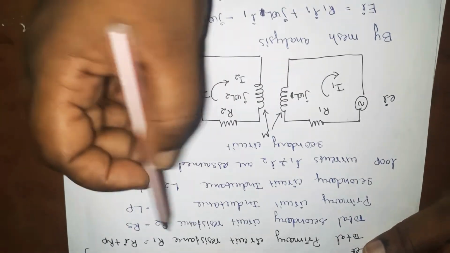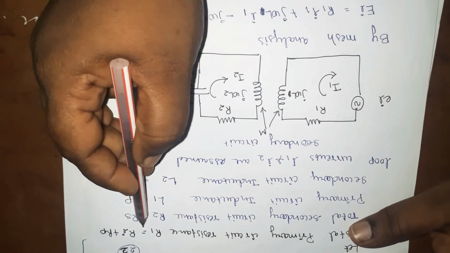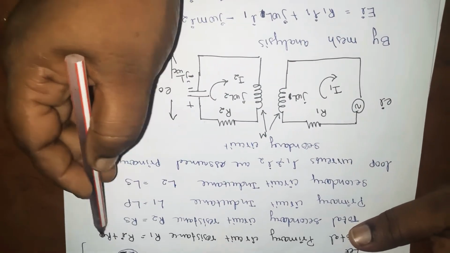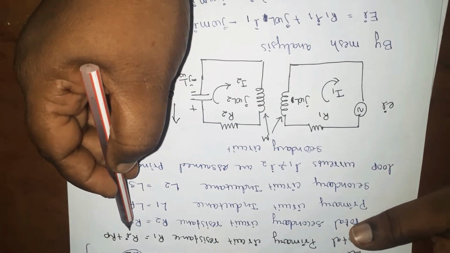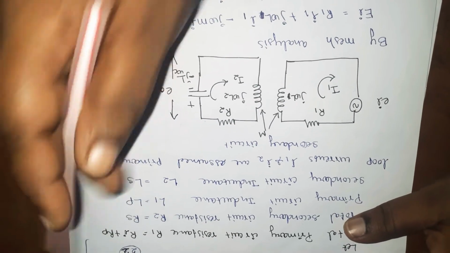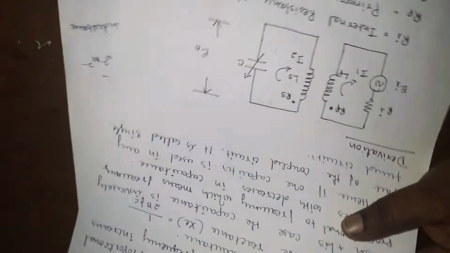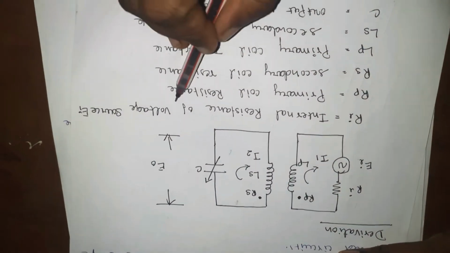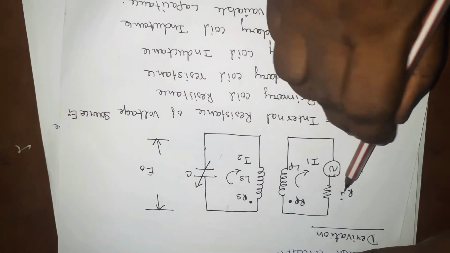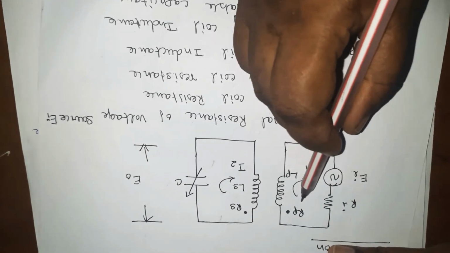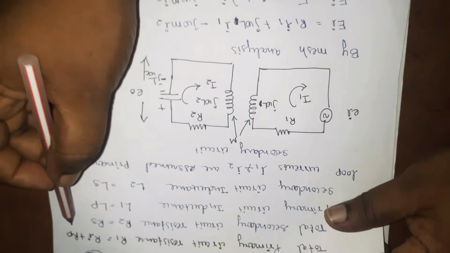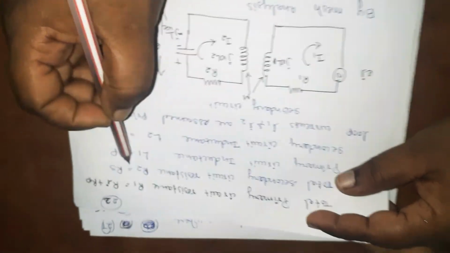Let the total primary circuit resistance R1 be equal to Ri plus Rp, where Ri means the internal resistance of voltage source Ei. Next, the total secondary circuit resistance R2 is equal to Rs.